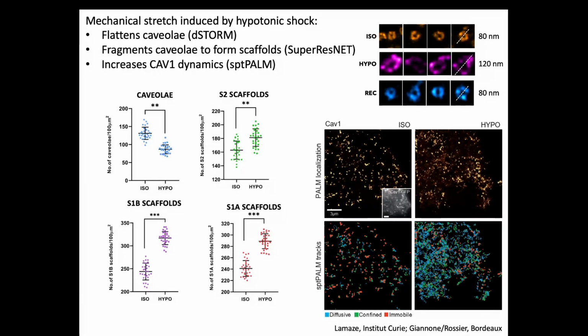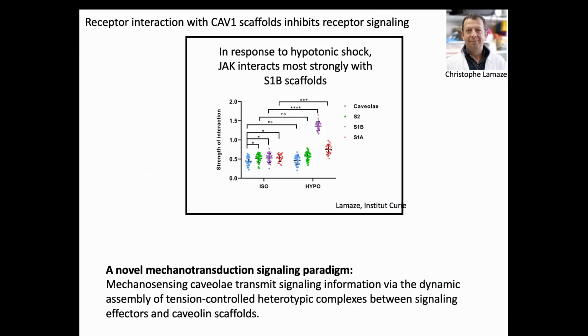And when Christophe went to look at whether or not the Cav1 is interacting with JAK kinase, a receptor known to be regulated by Cav1, he found that upon hypotonic shock, there was increased association of the smaller scaffolds, S1a and S1b, with JAK kinase, and he showed that this is inhibiting JAK kinase activity.